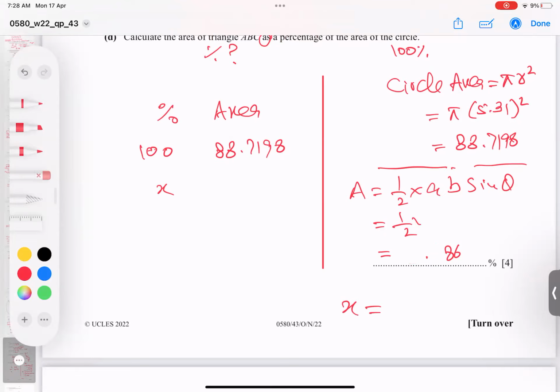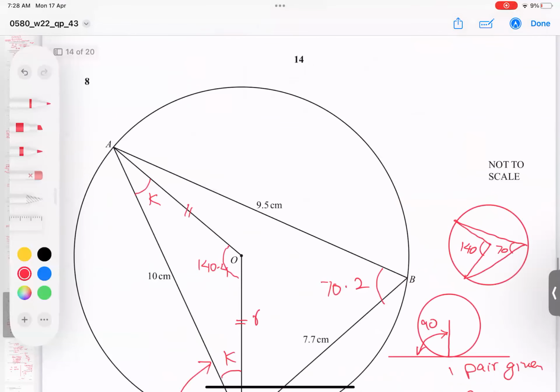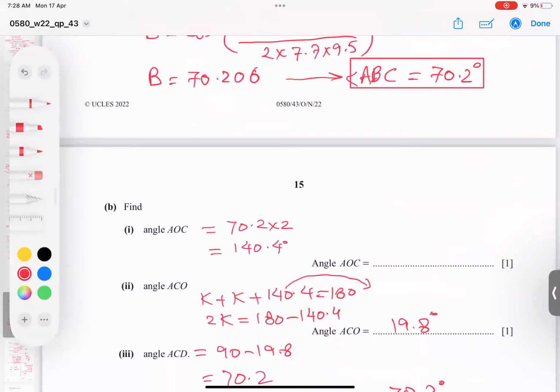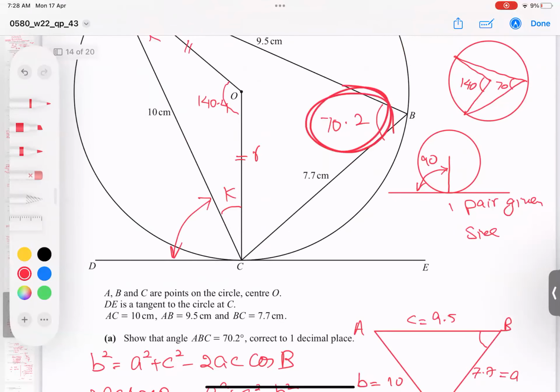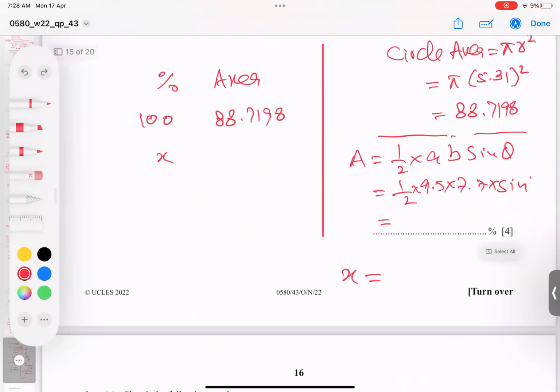I hope the rest of the concept is clear. So what are the sides again? 9.5 and 7.7, and the middle angle is 70.2. Now I'm finding half into 9.5 into 7.7 into sine of 70.2, and this finally is 34.4127.